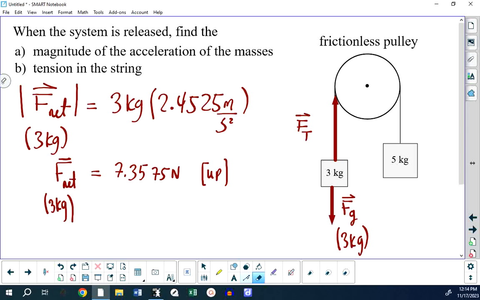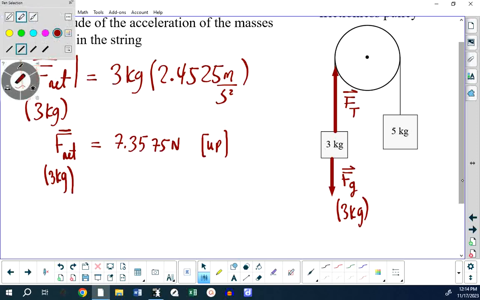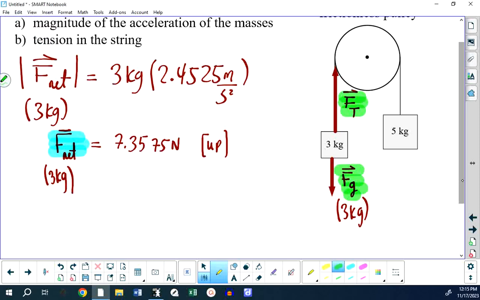And when we take a look at this free body diagram acting on the 3 kilogram mass, the net force is going to be the sum of these two forces. Let me repeat that. This net force has to be the sum of these two forces, because net force means add together. So what that means is, well, how would we add those two green highlighted forces?